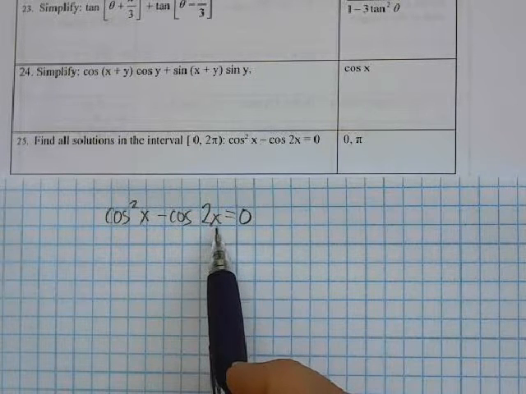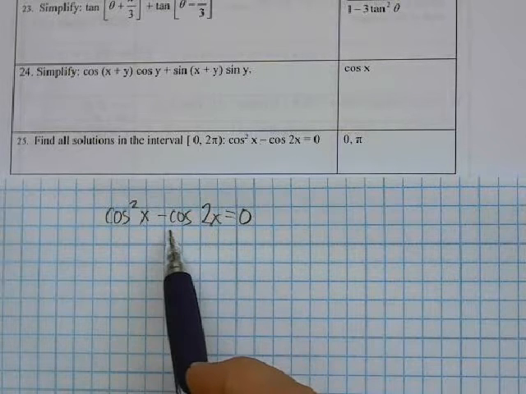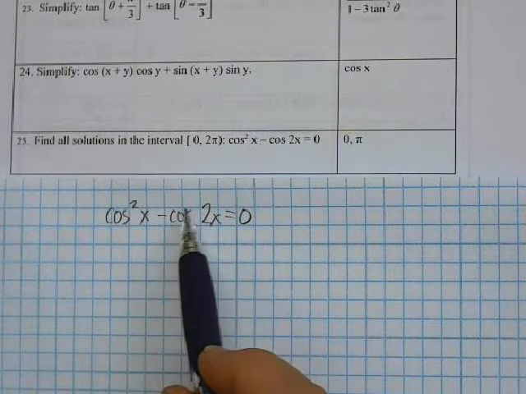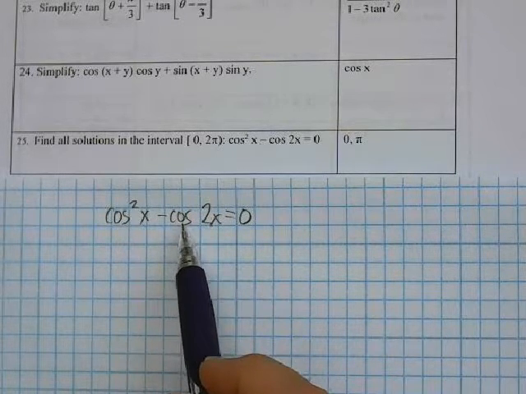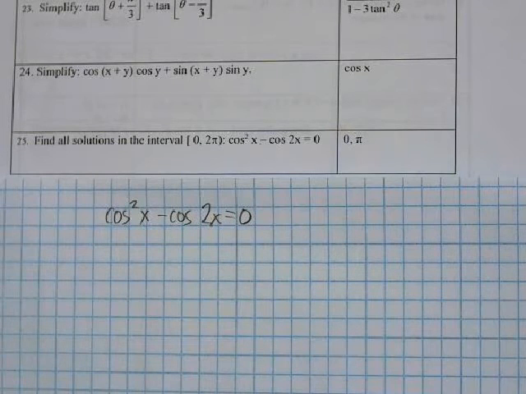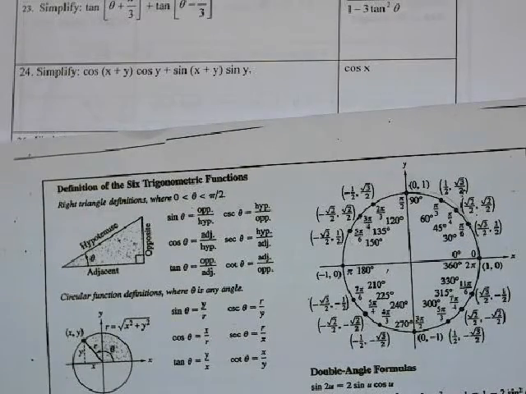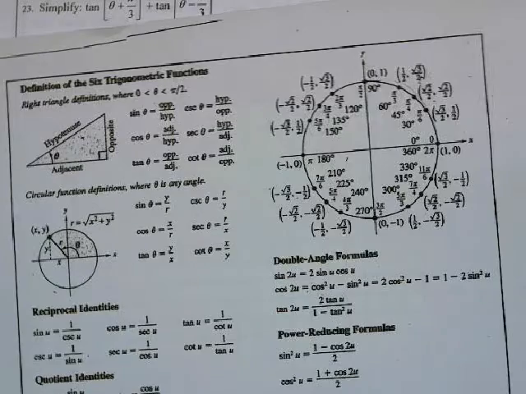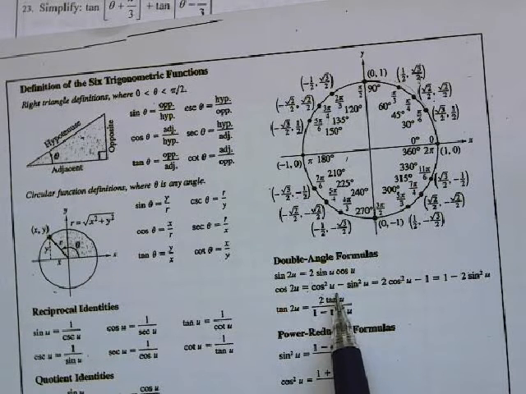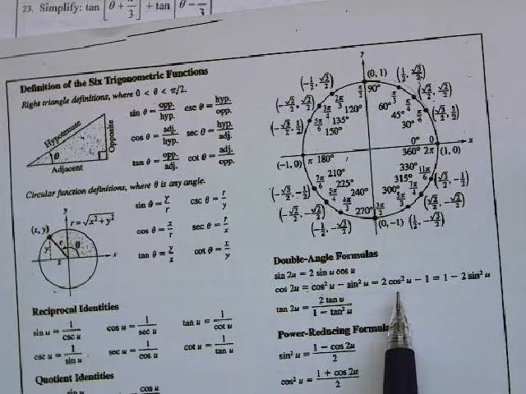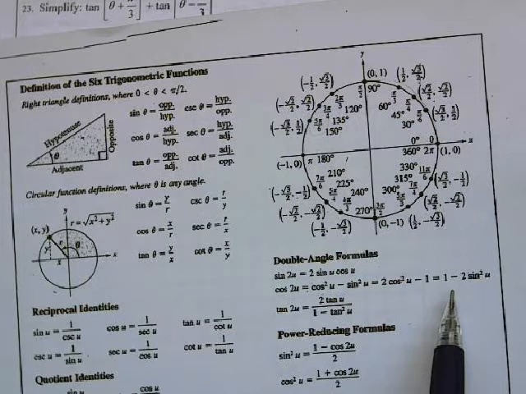So what we're going to do is use our double angle formulas to see if we can rewrite the cosine of 2x in a way that might make it easier to factor. So I look at my double angle formulas for cosine, and I see I've got 3 choices. Cosine squared minus sine squared, 2 cosine squared minus 1, and 1 minus 2 sine squared.